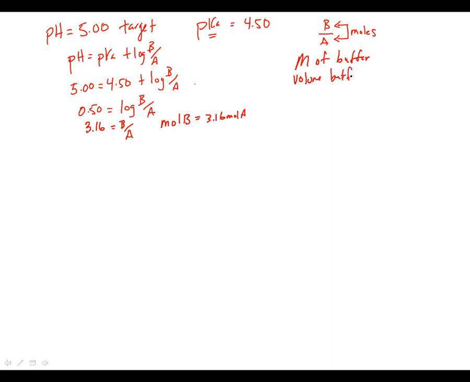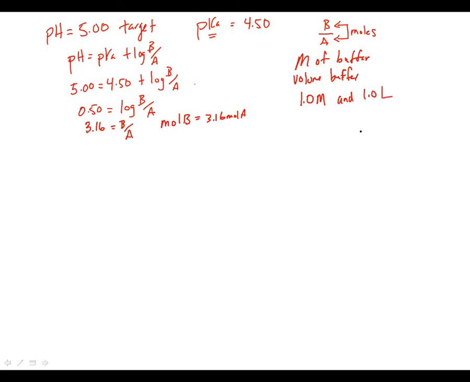So again, I'm just going to pick the numbers that are in the lab introduction. Let's say we wanted to make our buffer a 1 molar buffer, and we wanted to make 1 liter of a 1 molar buffer.